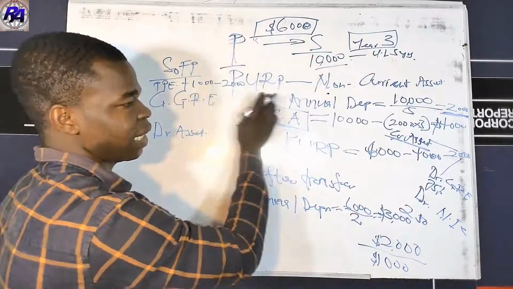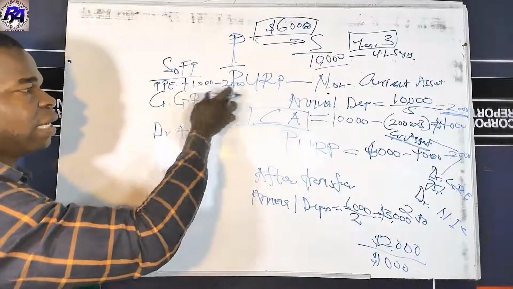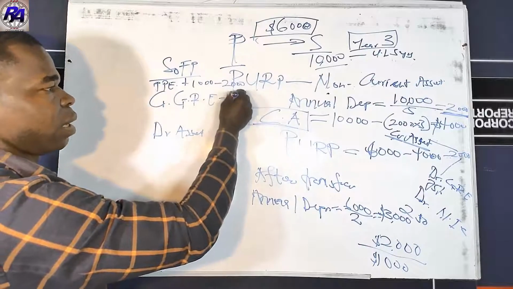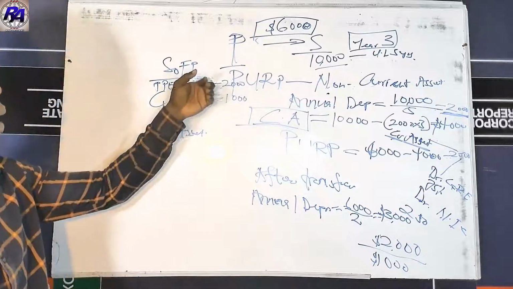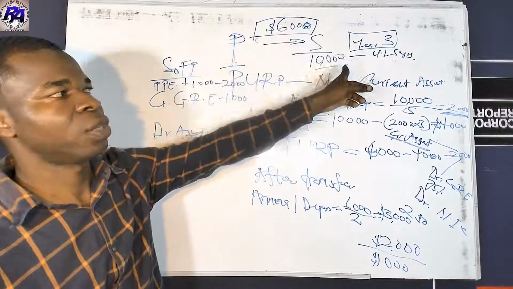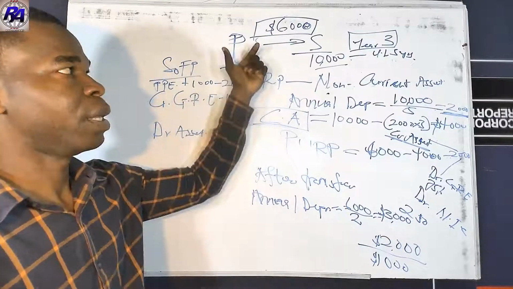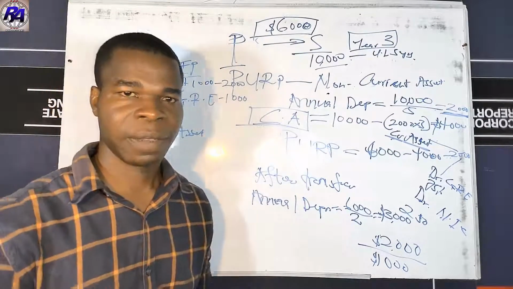Instead of using the double entry, this is the same treatment over here. So at the end, the balance here is going to be minus 1,000. That means our asset is going to be reduced by the 1,000, which will be equivalent to the asset it would have been if there was no profit element, or if the asset was sold at the carried amount at the date of the transfer.